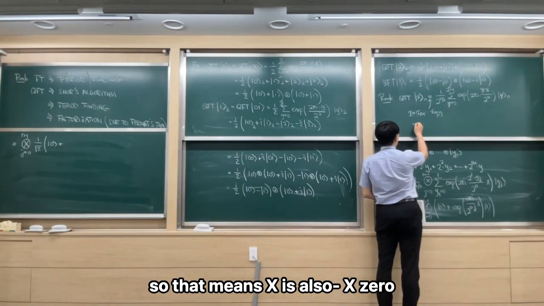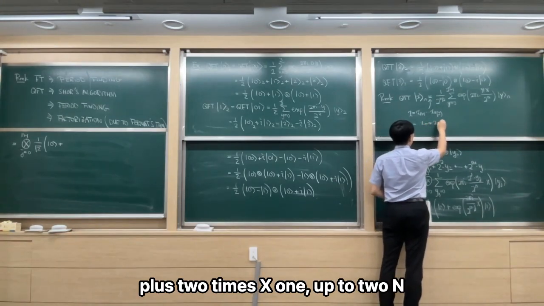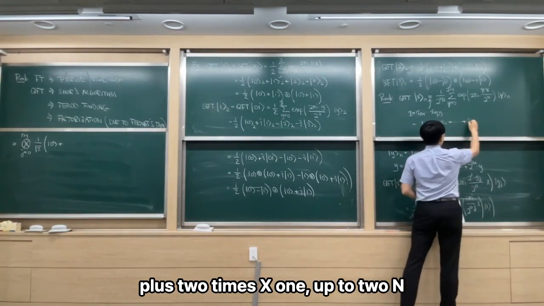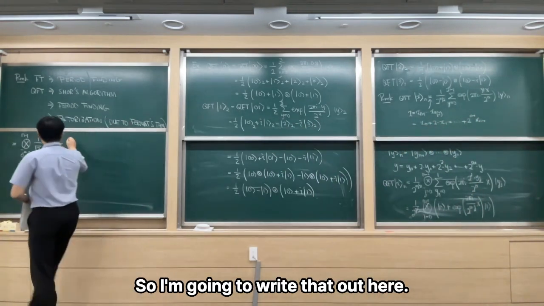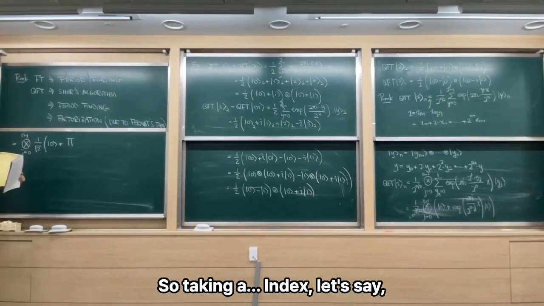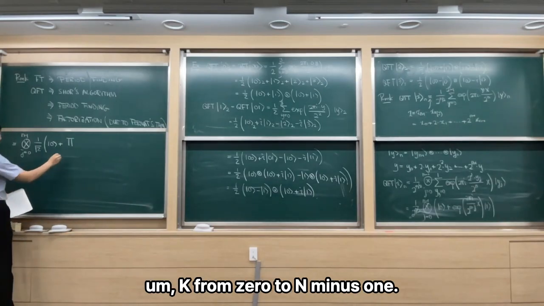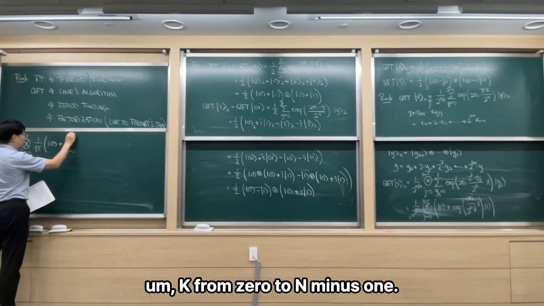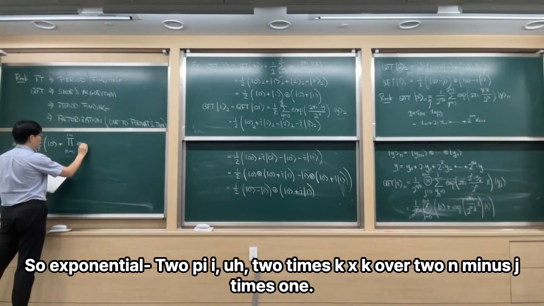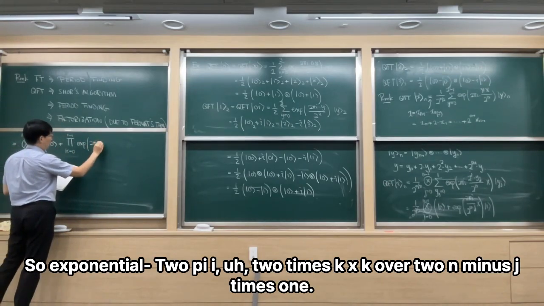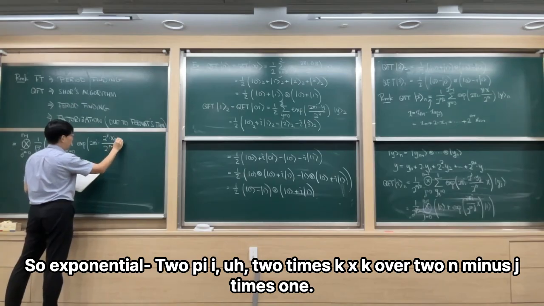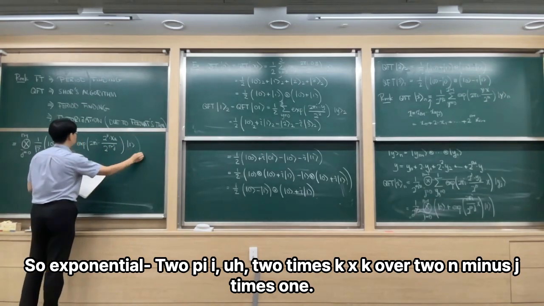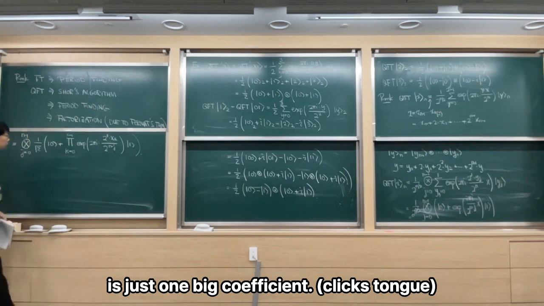So that means x is also x_0 plus 2 times x_1, up to 2^{n-1} times x_{n-1}. So I'm going to write that out here, taking an index, let's say k, from 0 to n minus 1. So exponential 2 pi i, sum of 2^k x_k over 2^{n-j}, times 1. Okay, so this whole thing is just one big coefficient.